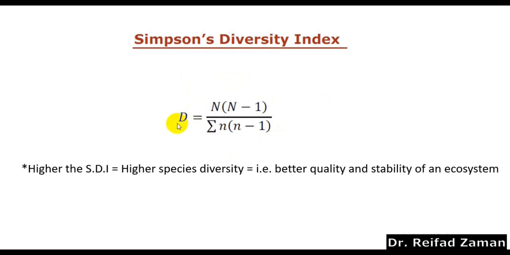The letter D represents the diversity index, and by diversity we are referring to species diversity. If the D value is high, it means there is higher species diversity in that area, and higher species diversity means that the ecosystem is healthier or better.